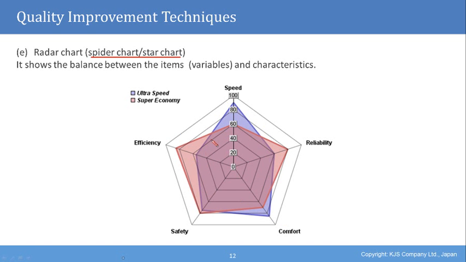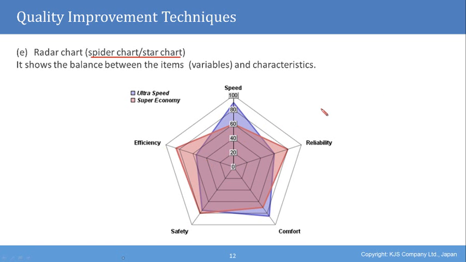From the diagram you can see the shape of the diagram, it's quite pointy towards speed. You can see that the ultra speed model is extremely good at having a high speed and high comfort, but not so good at being efficient or reliable. Both models seem to be the same in safety, and so this is a great way to be able to analyze 2 different sets of models.